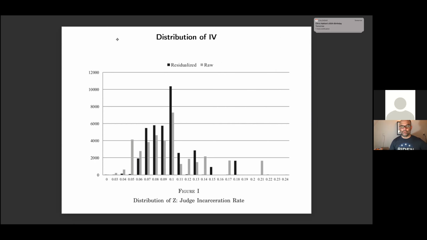All right, so look what we get. Let's look at the residualized one. You've got some judges that basically never incarcerate. Look here, you can barely see it right there. It's a 0. And you've got some that incarcerate 22% of the time. So these are very strict judges, and these are very lenient judges.